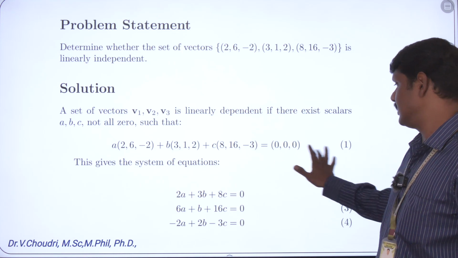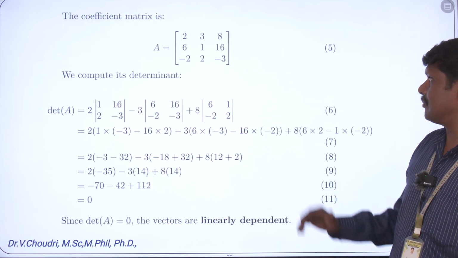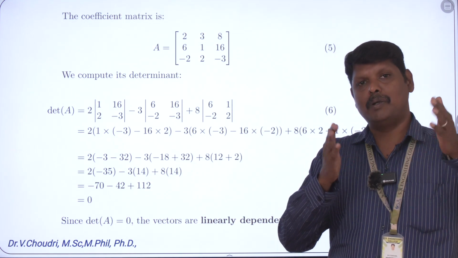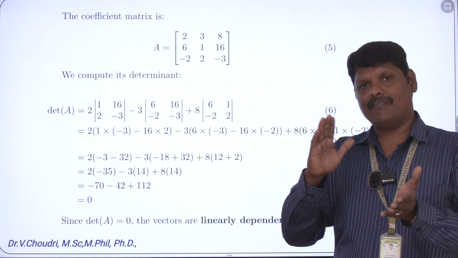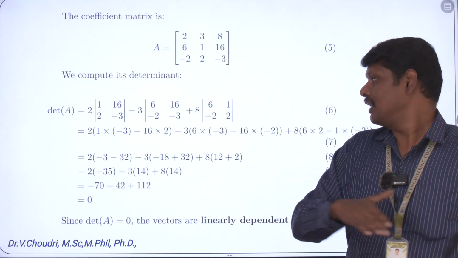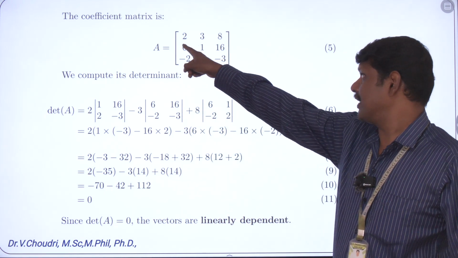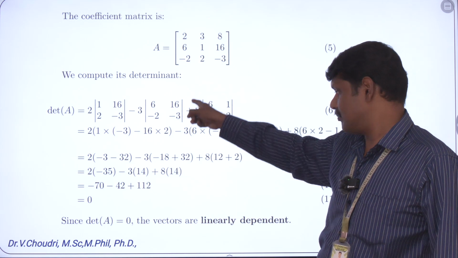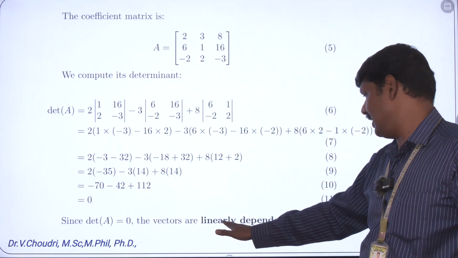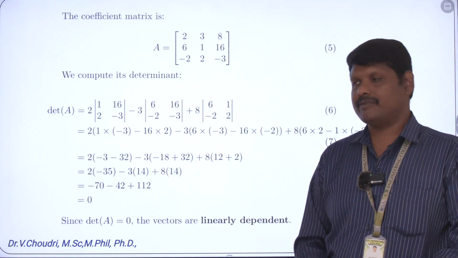See the determinant here. I didn't use row echelon form followed by back substitution to find the answer. I show you that also, and here I simply take the coefficient matrix and take the determinant. I found this determinant value equal to 0. That's why it is called linearly dependent.